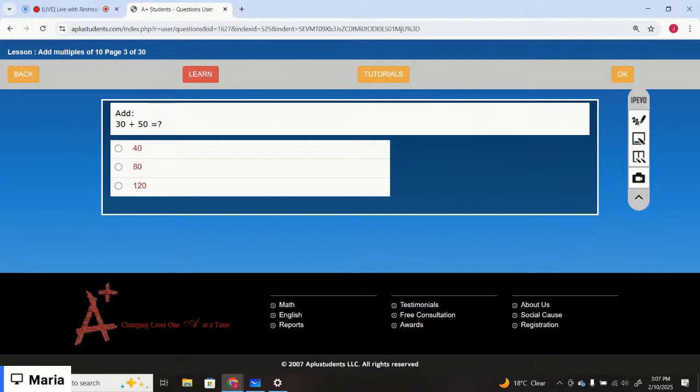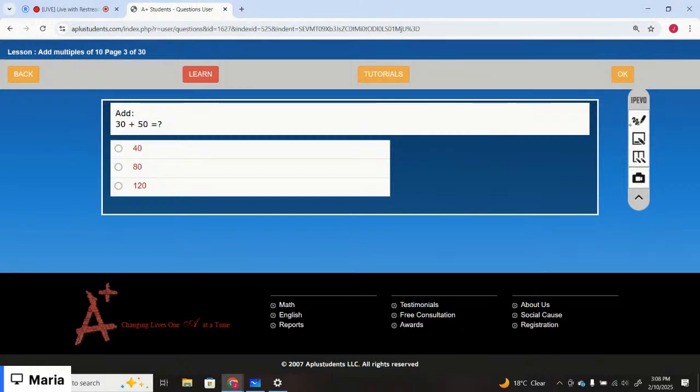30 plus 50, which is the correct option? So let's just write them down one above the other.